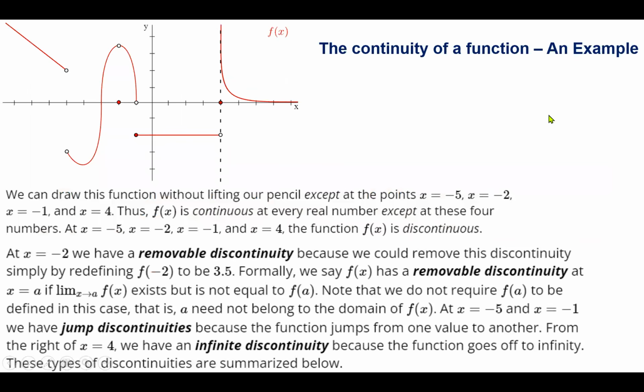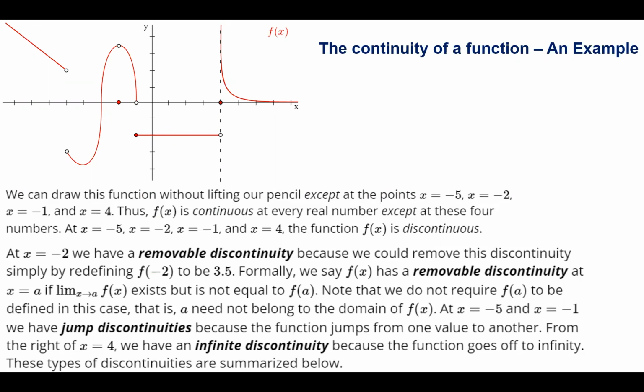All right, then let's have a look at a concrete example to illustrate the concept of continuity. Let's consider this function shown on this graph. We can draw this function without lifting our pencil, except at the points x equals -5, x equals -2, x equals -1, and x equals 4, right?